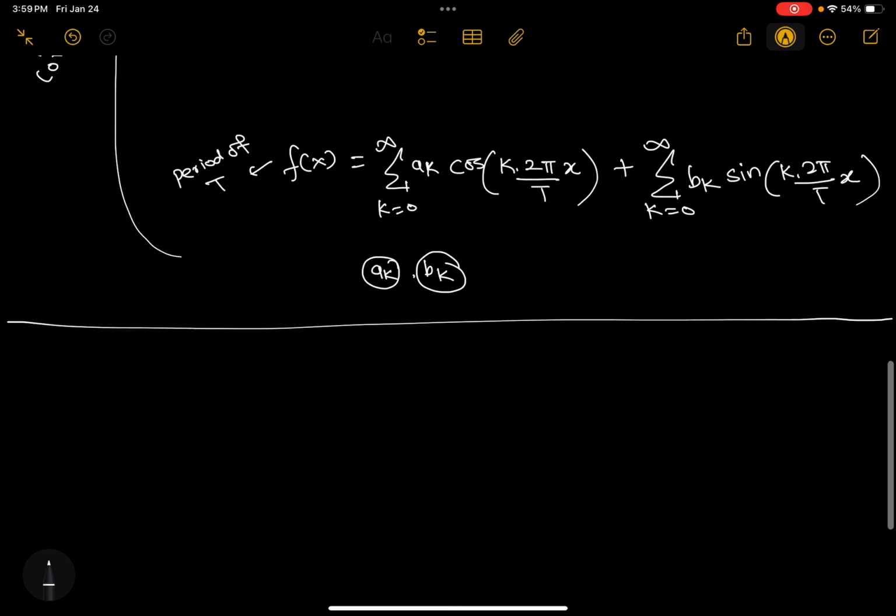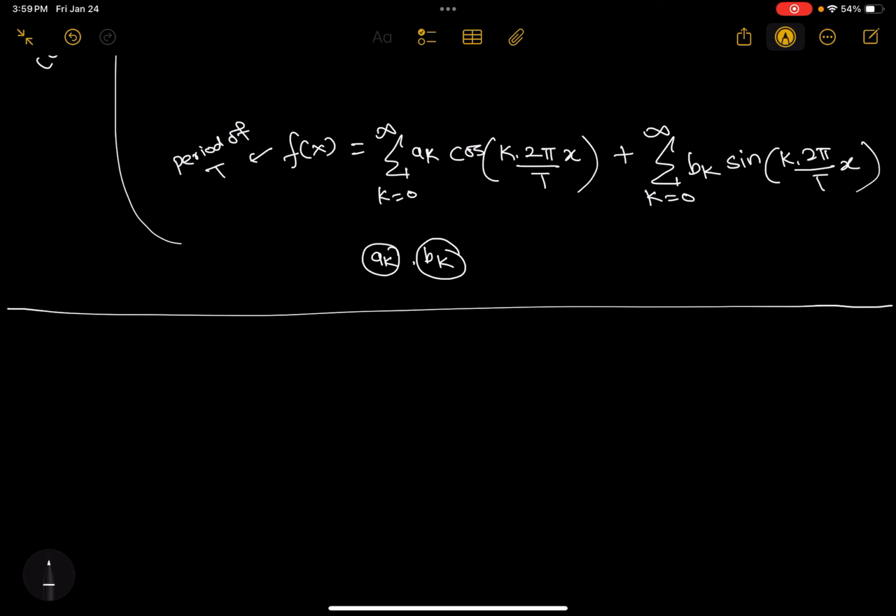Now, I guess you know Euler's formula, right? Where e to the power i theta becomes cos theta plus i sine theta. And if you replace theta by negative theta, e to the power i times negative theta becomes cos theta minus i times sine theta.